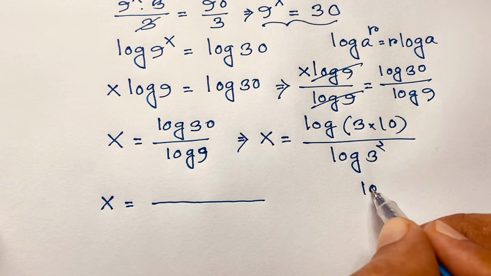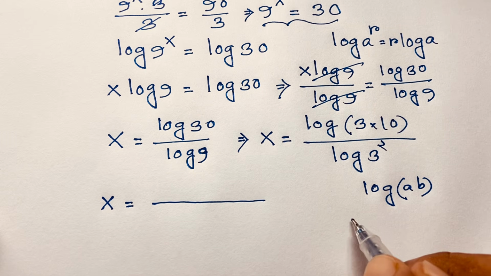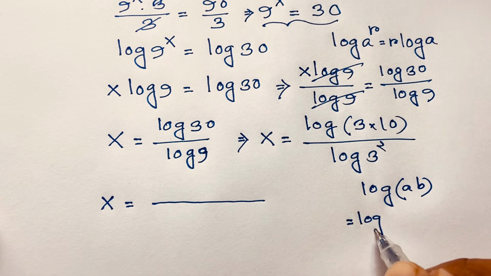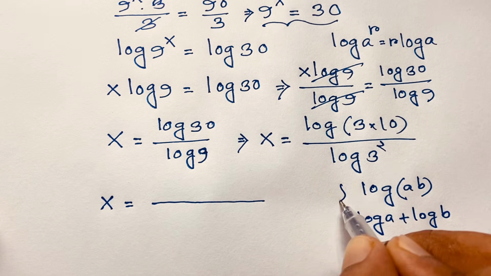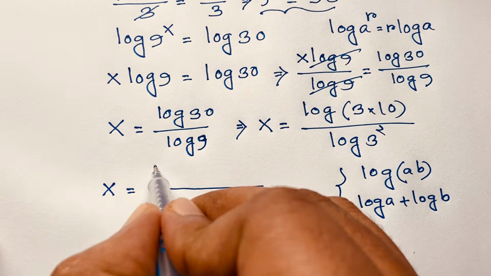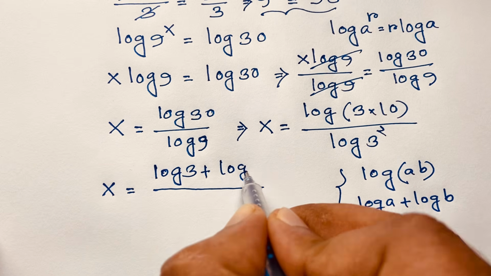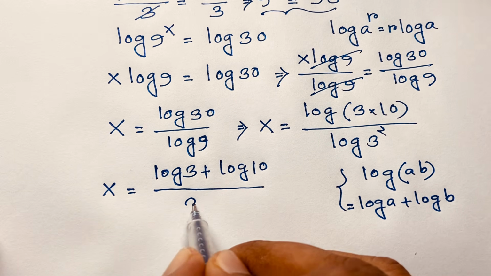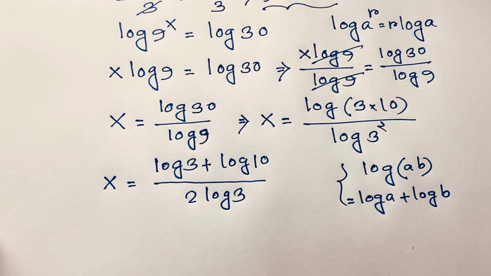So it will be log ab, which is log a plus log b. If I apply this math formula here, this expression will be log 3 plus log 10 over 2 log 3. This exponent moves in front.